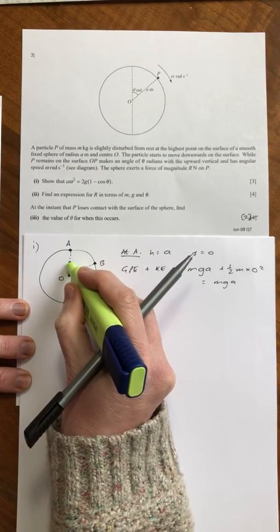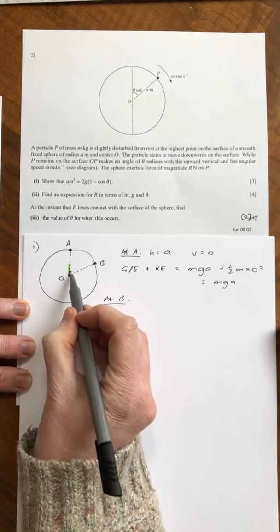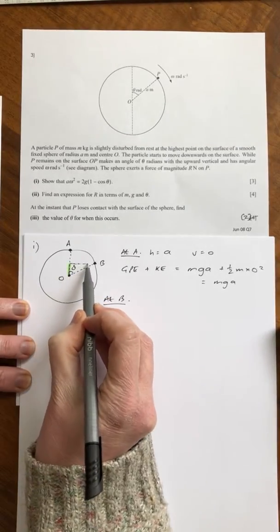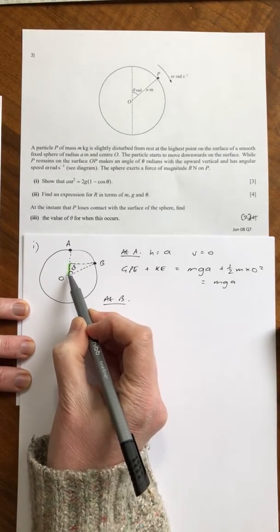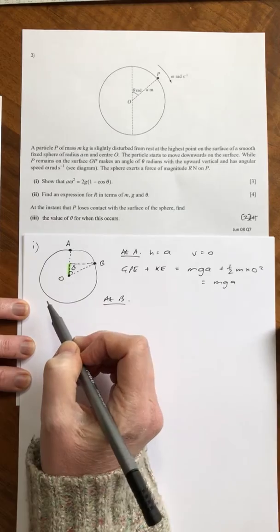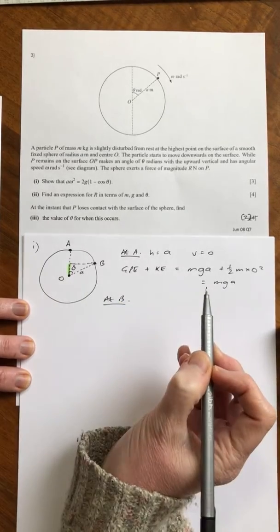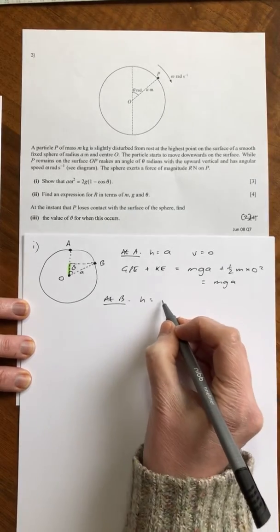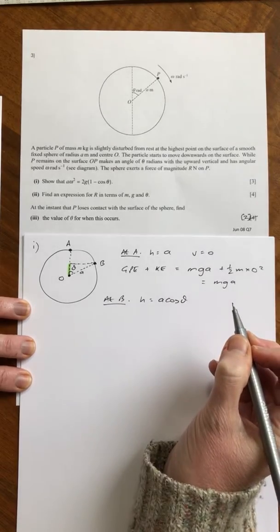So that's the length I need. Because I've got an angle of theta there, I've got a right angle there, that again is the cosine component. It's the adjacent side. This length, well, we don't know what it is, we've been told to take it as a. So we are going to have our height a cosine component, so a cos theta.